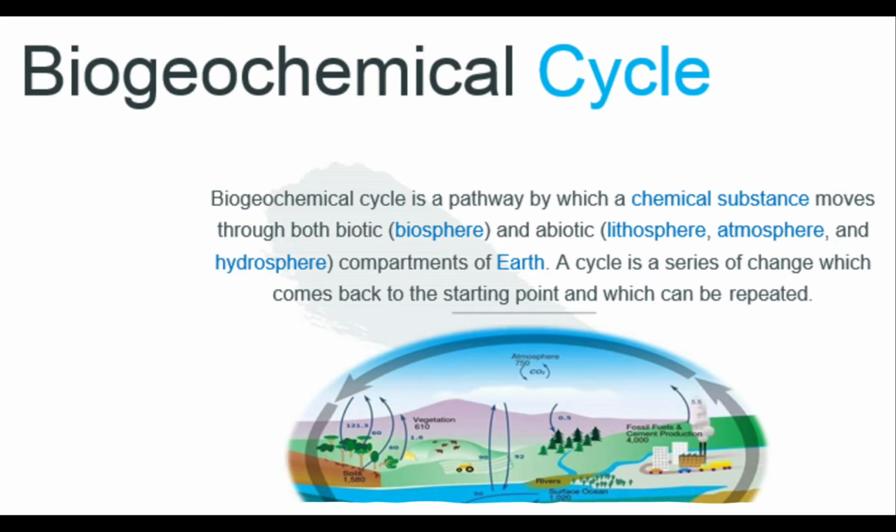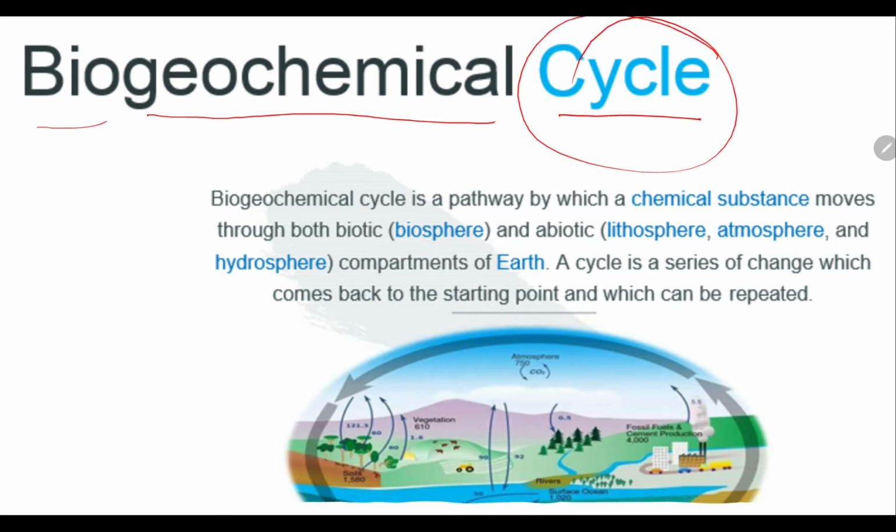So it is called a biogeochemical cycle. First, it is a cycle because it happens in a loop. It is constantly, continuously happening. Bio because it involves all the biological components or biological elements, and geochemical because it involves the geochemical elements as well.